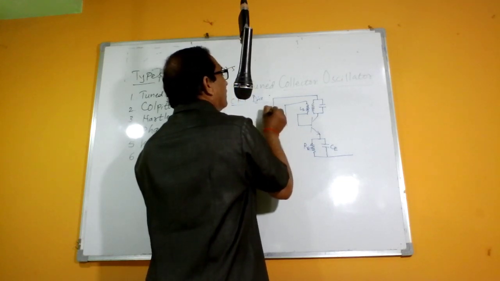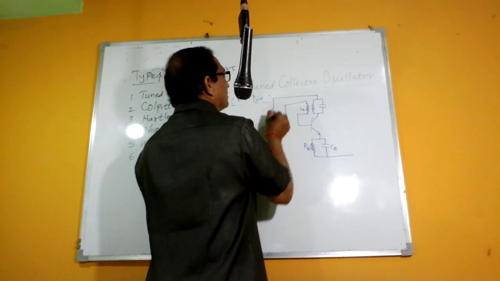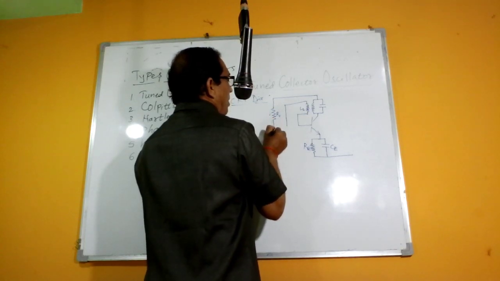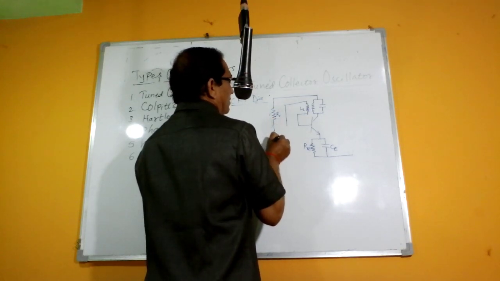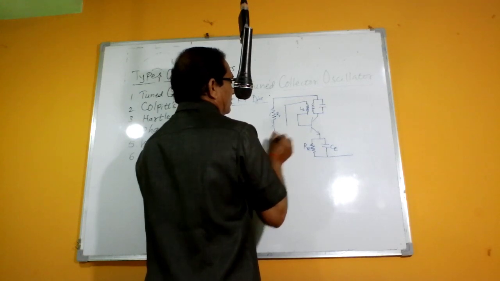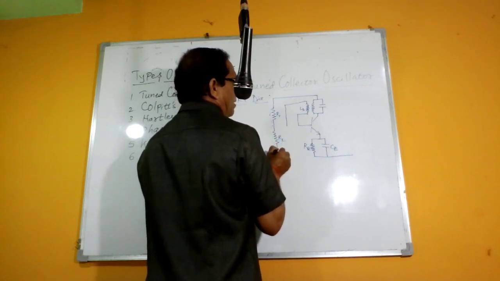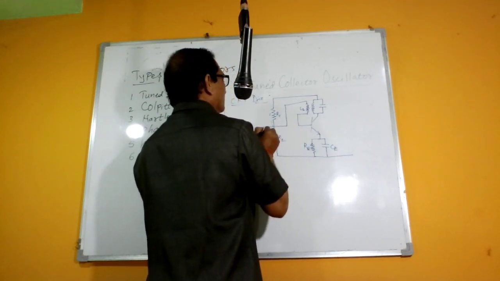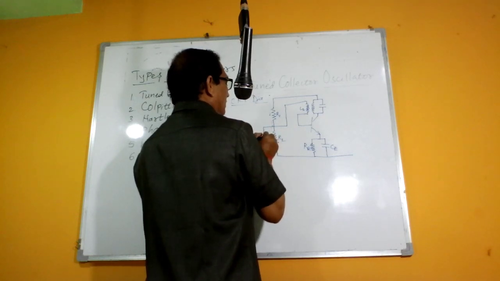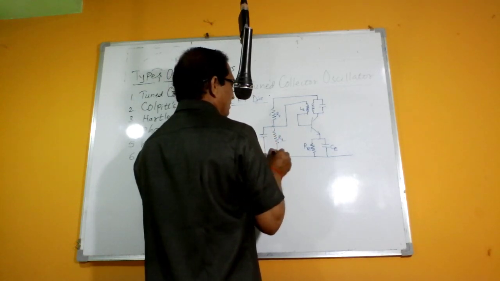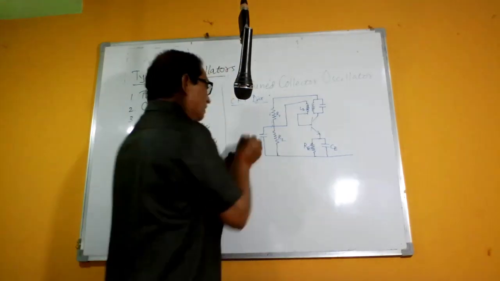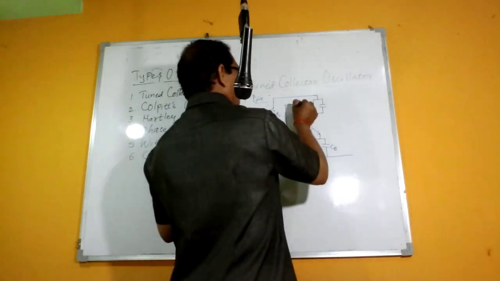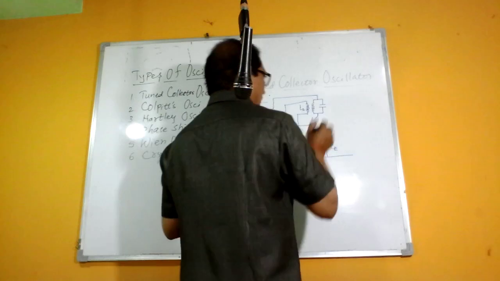So here the biasing R1 and R2 resistor voltage divider arrangement is to be used. This capacitor provides the low reactance to the oscillations which are to be developed across the tank circuit.